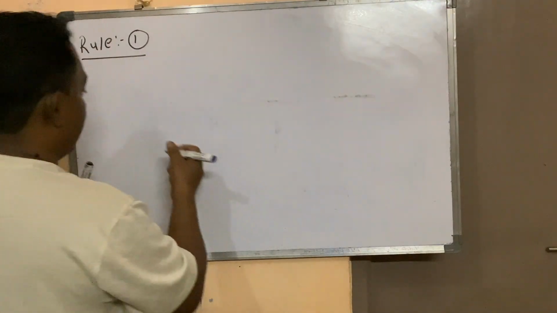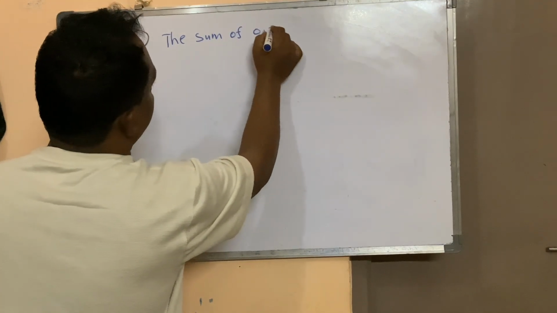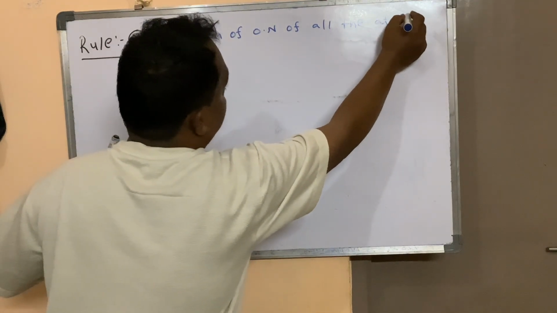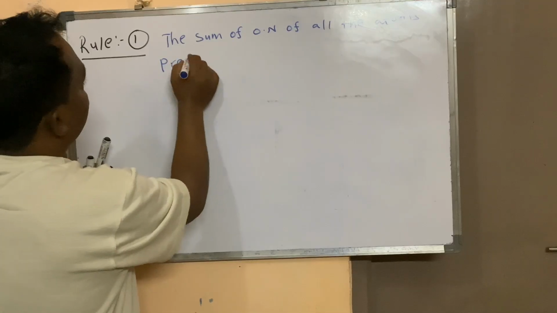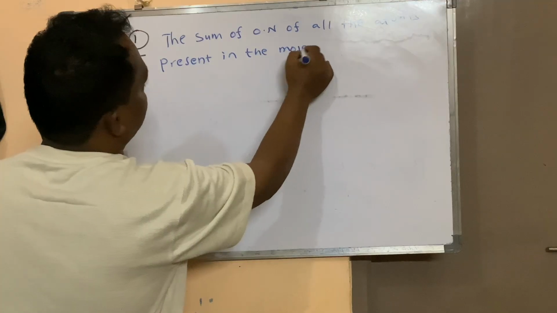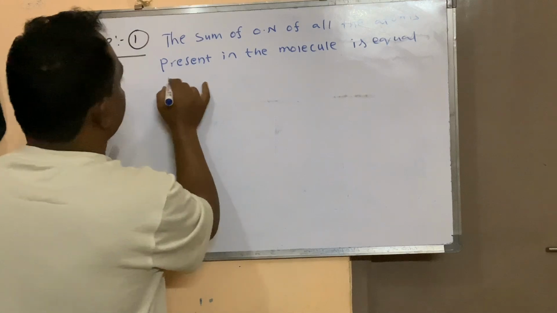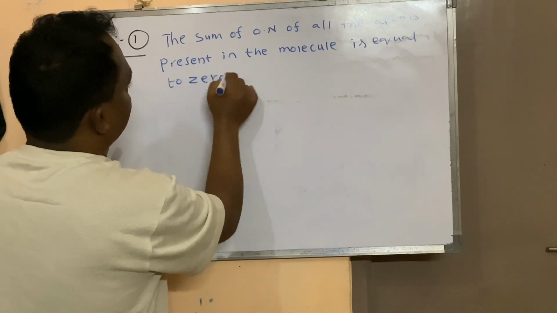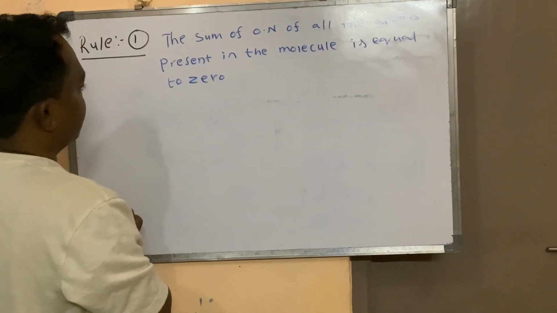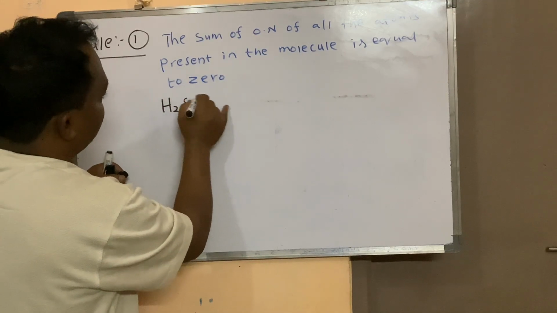So the sum of the oxidation numbers of all the atoms present in the molecule is equal to 0. For example, I am taking sulfuric acid, formula H2SO4.